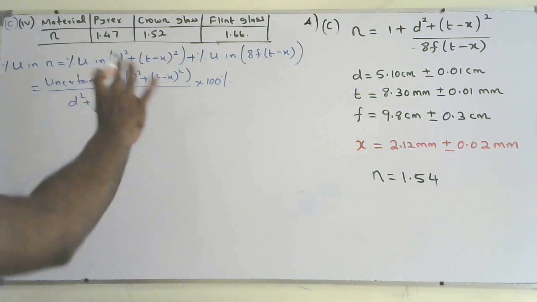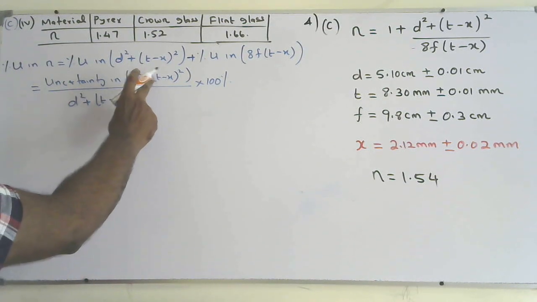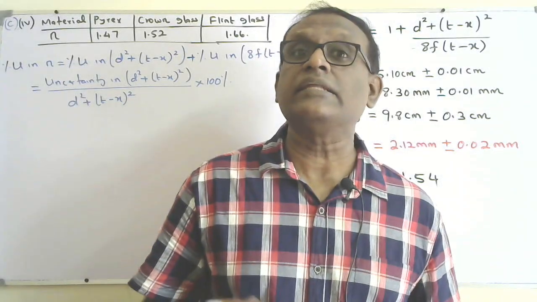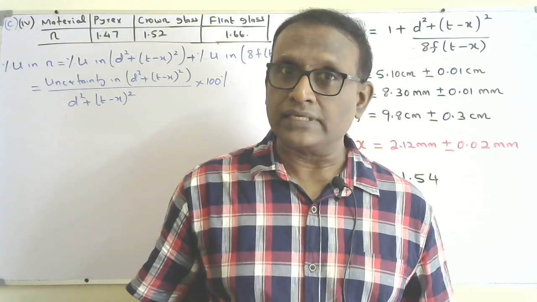Okay, I'm just writing it, I'm going to erase it. So the uncertainty in d squared plus (t minus x) all squared: do we know that? Yes, we know that. We already found it in the previous part. We showed it as almost equal to 0.11, right?